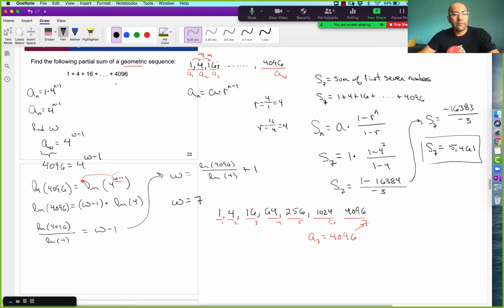From that, we were able to deduce that this number must be the 7th one on the list. That's important for our formula because we need to know n, meaning how many numbers we are adding from the underlying geometric sequence. Good. So the sum of all of these numbers is 5,461.